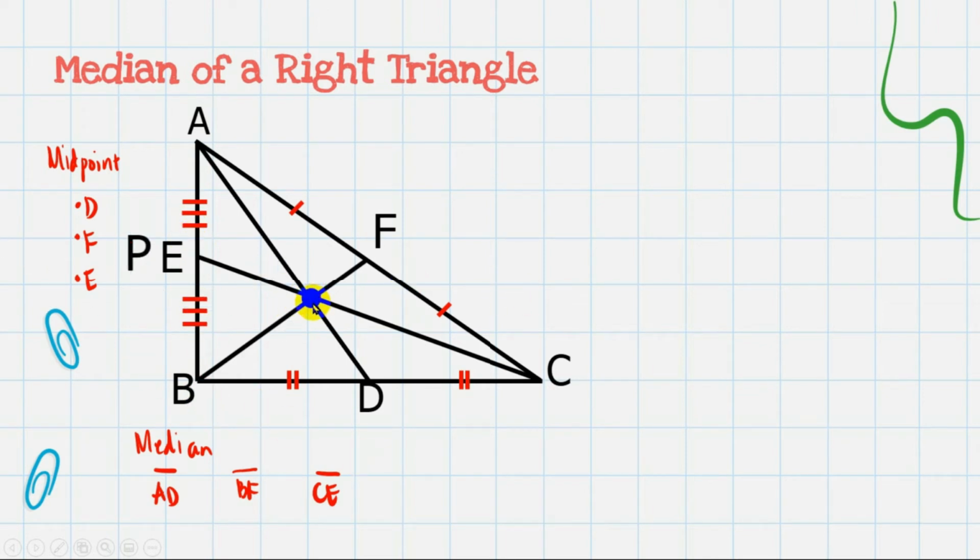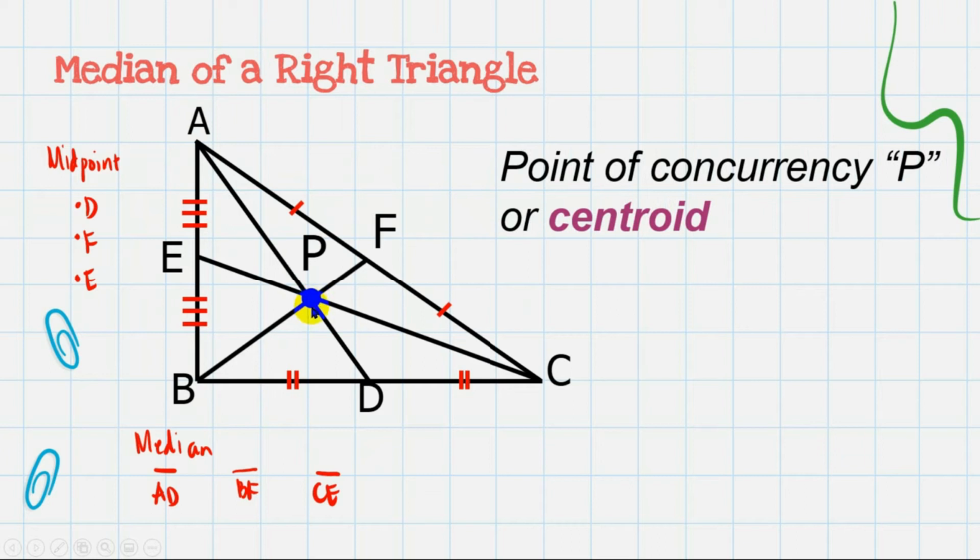And again, wag kakalimutan ang point of intersection. Hangga't wala tayong point of intersection for those three medians, ibig sabihin, may mali tayo sa pagdo-drawing natin ng median. Kaya, be careful po sa pag-measure ng sides at sa pagkuha ng midpoint. Pag nakuha natin yun ng tama, hindi po tayo magkakamali when it comes to doing the medians of those triangles.